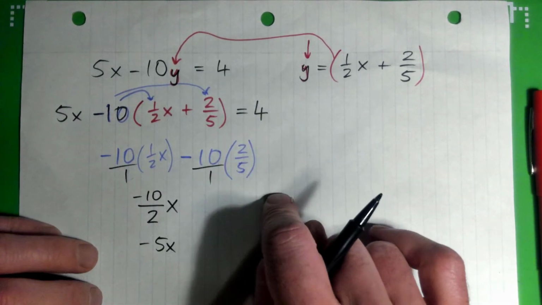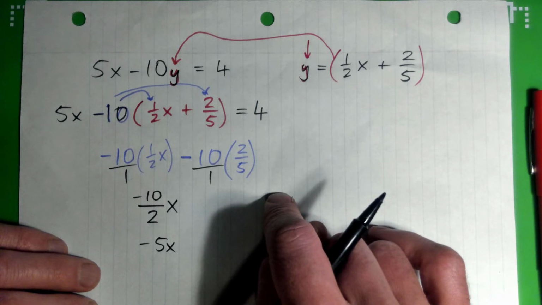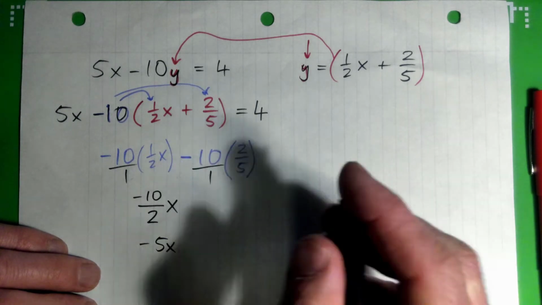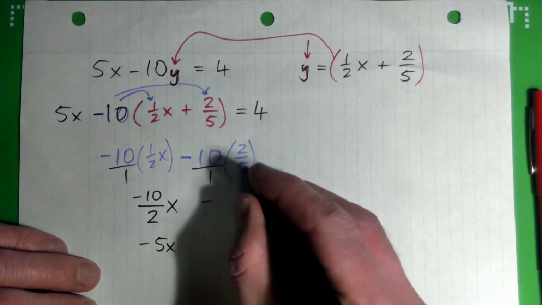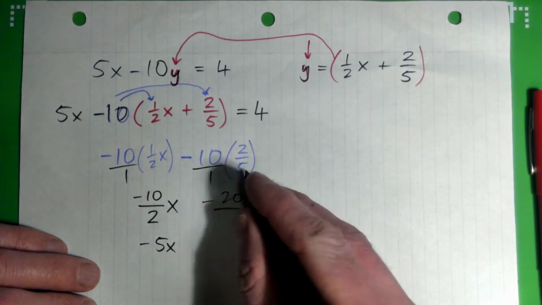And what does this thing work out to be? That's 20. Also, negative 10 over 1. Right. Negative 10 times 2 is 20, over 1 times 5 is 5.